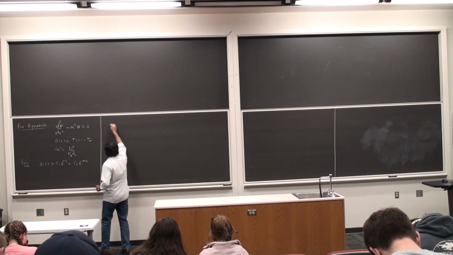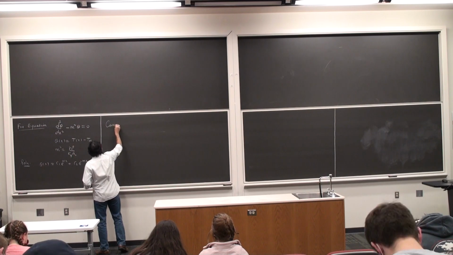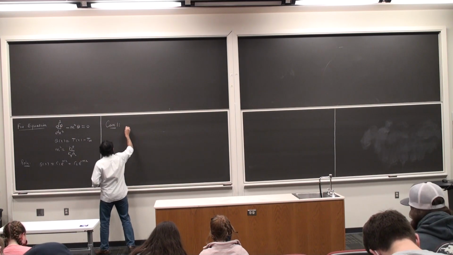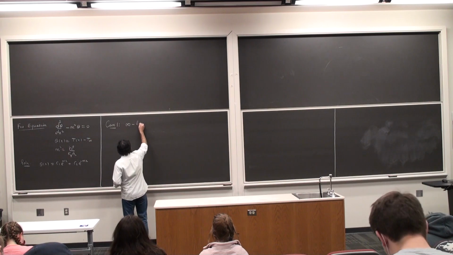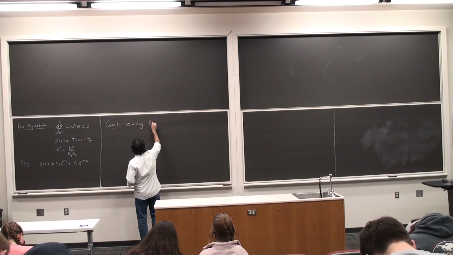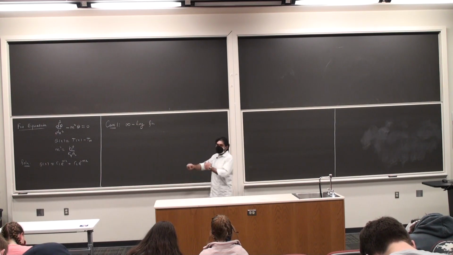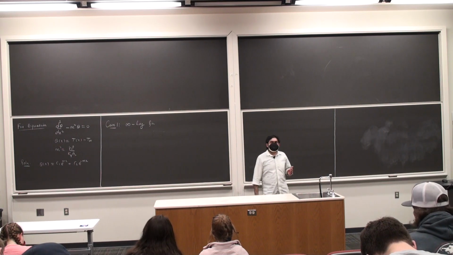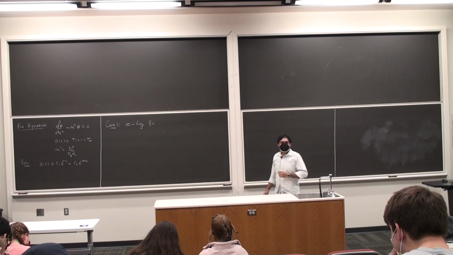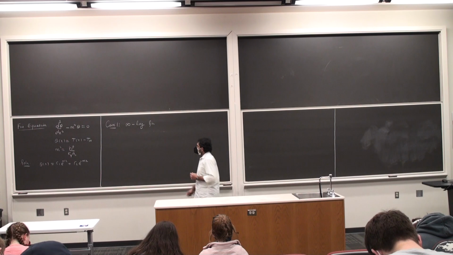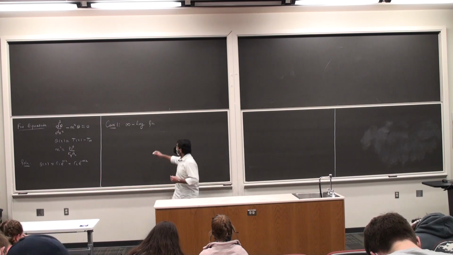So case 1, infinitely long fin. So this is an infinitely long fin where L tends to infinity, capital L being the length of the fin. Okay, and the boundary conditions for this situation are the following.